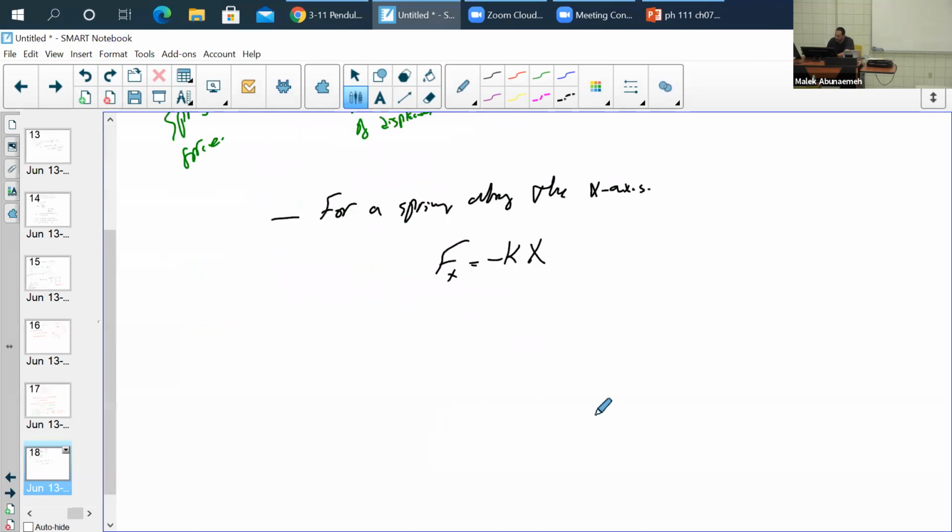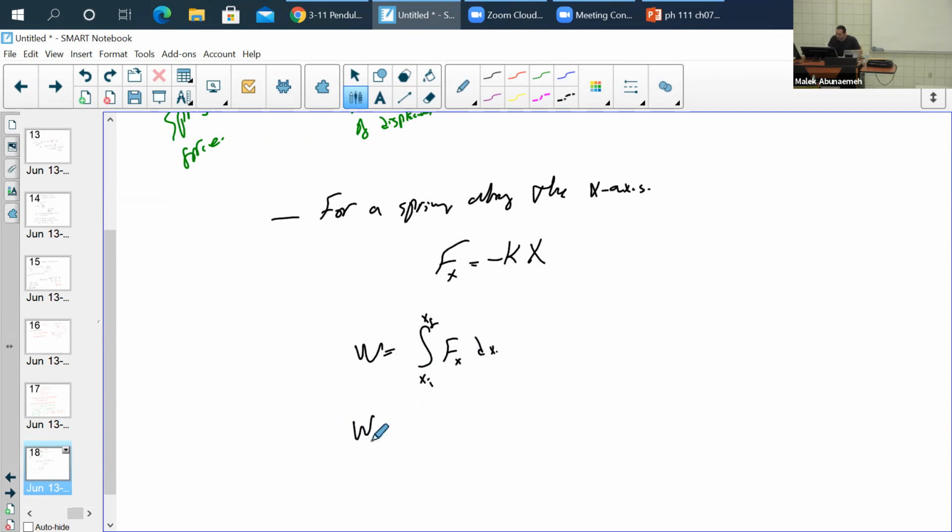In this case, your work, which is the integral of F dx, we define the work from x1 to x2, or x initial to x final, as the integral of F of x dx.